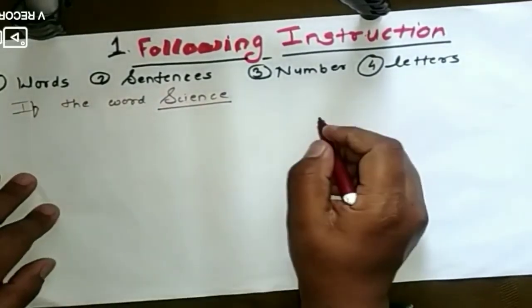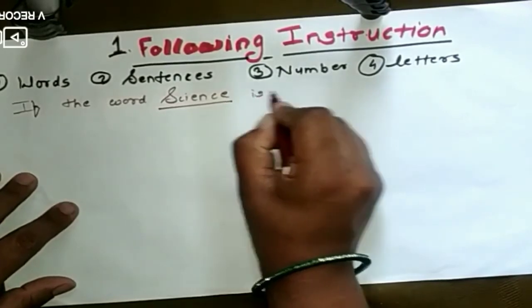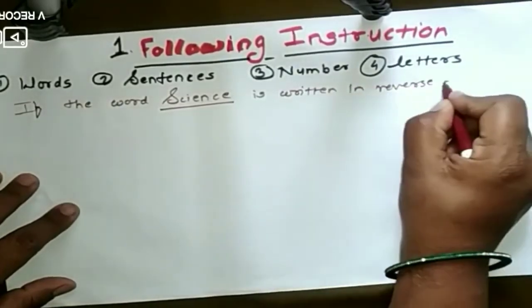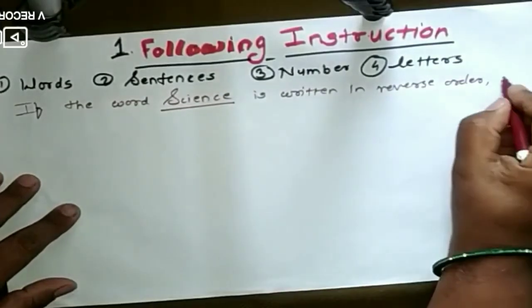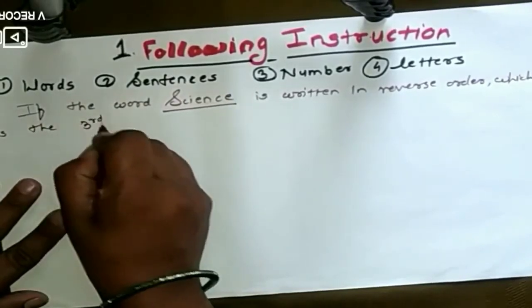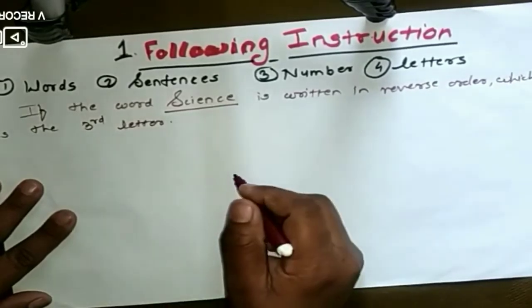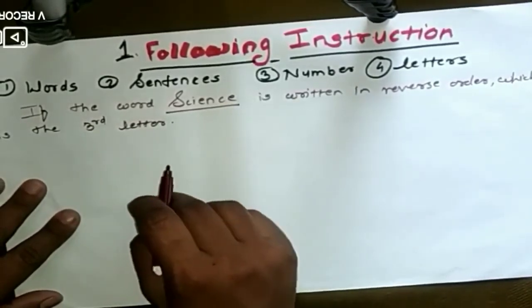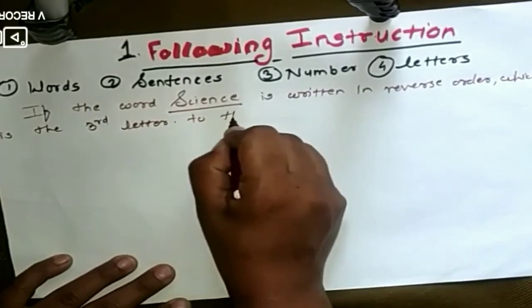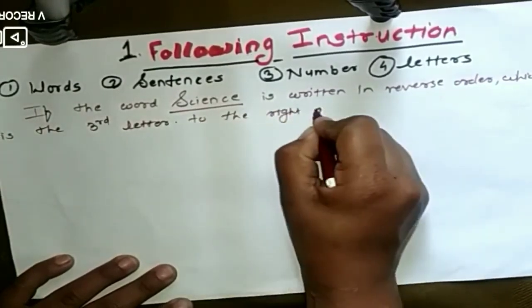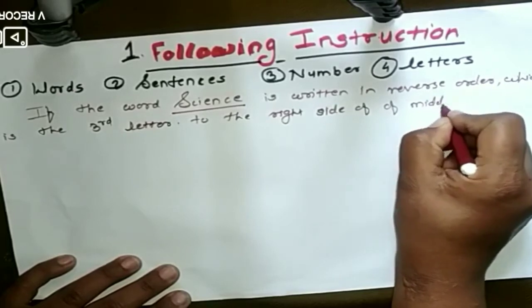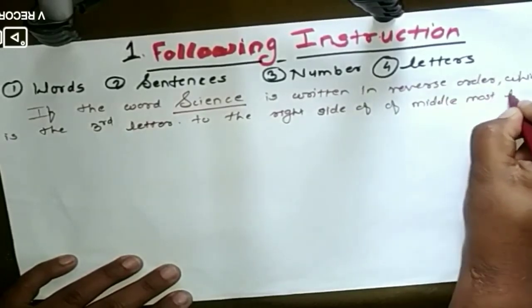If the word science is written in reverse order, which is the third letter to the right side of the middlemost letter? So this is the question.